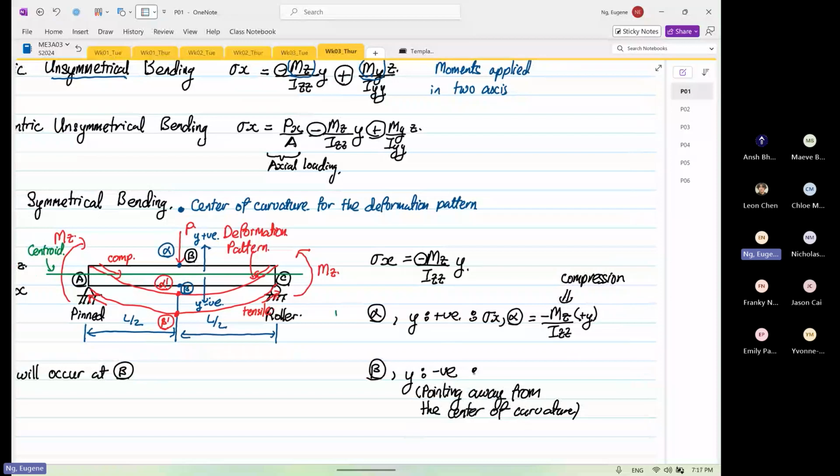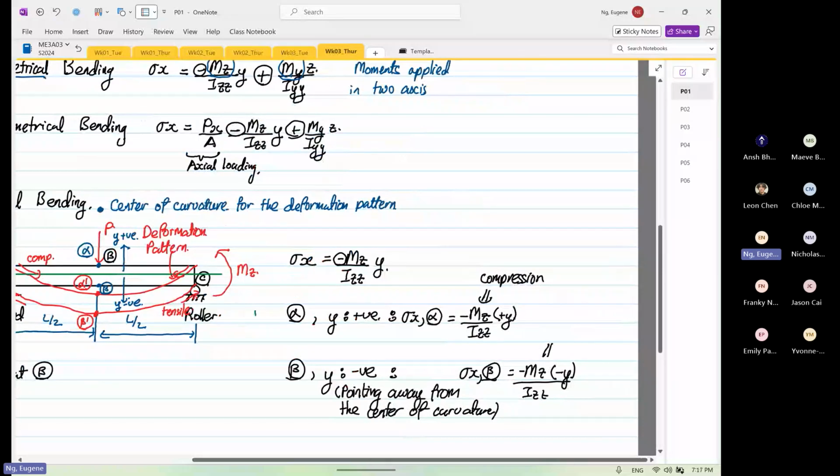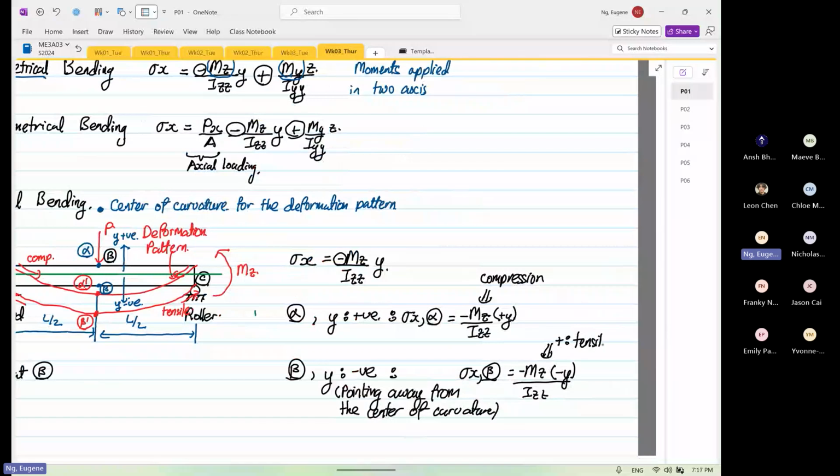So when we apply the formula, we have stress X at point beta equal to minus Mz multiplied by minus y divided by Izz. So minus times minus will become positive, which corresponds to tensile.